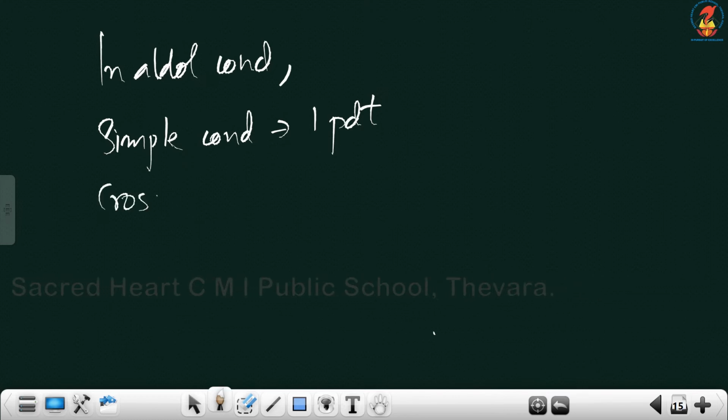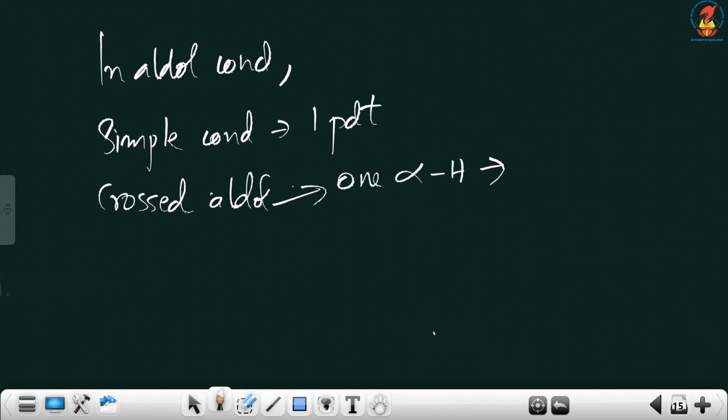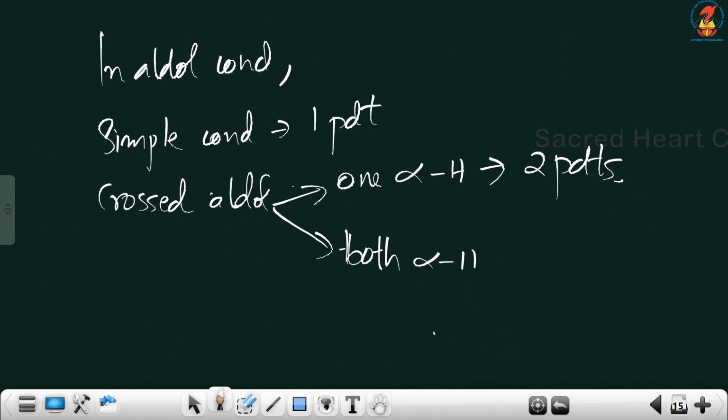In crossed aldol, if only one possesses alpha hydrogen, we are getting 2 products, and if both the molecules possess alpha hydrogen, we are getting 4 products.